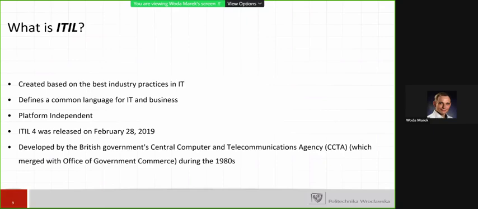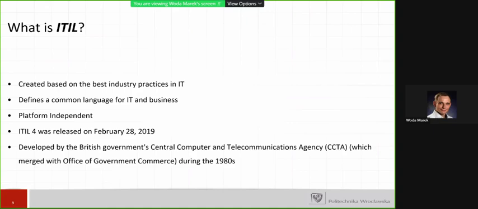So you can follow these guidelines freely. You don't need to obey all the rules or implement all the processes. It is very flexible. It is not very strict, as you may observe, for example, with the ISO norms, where you have to be compliant from A to Z, and then you can get a badge that you are compliant.